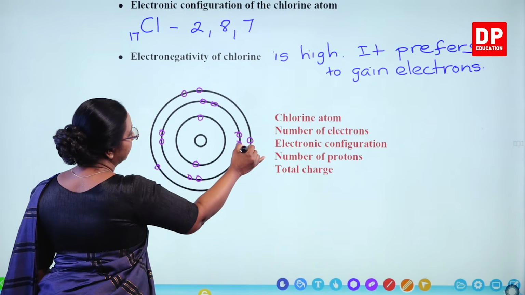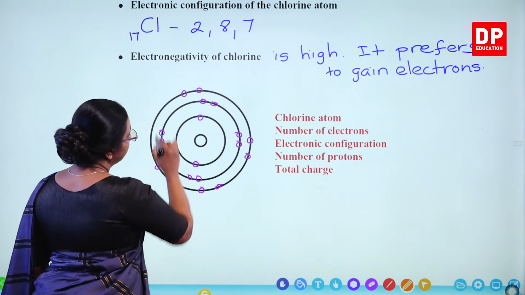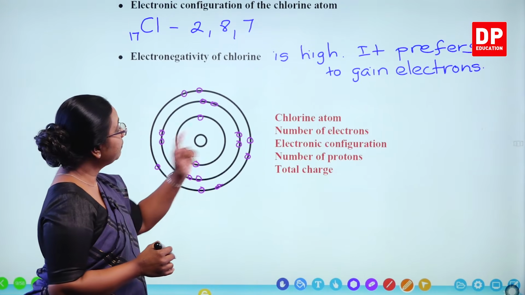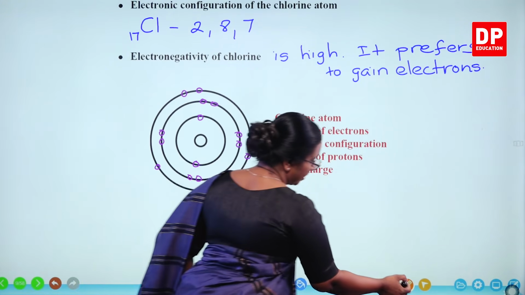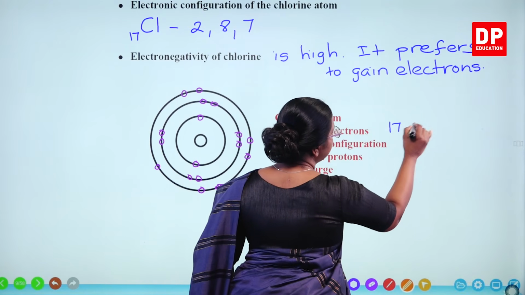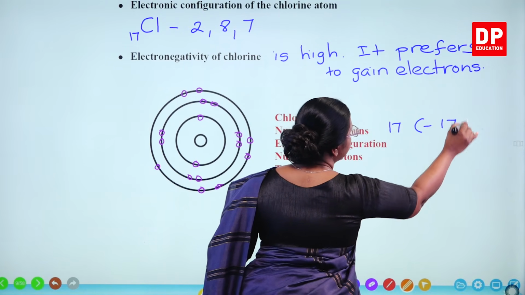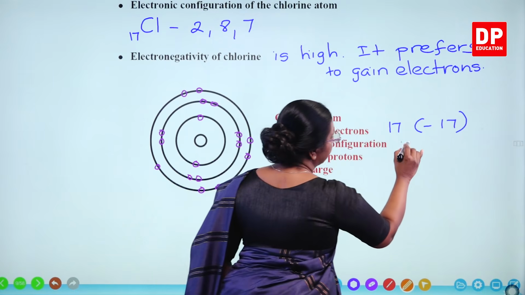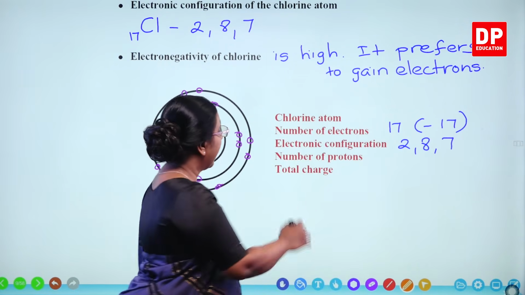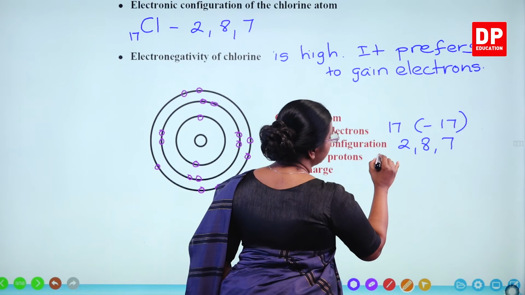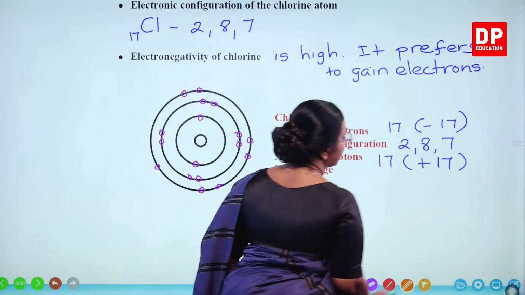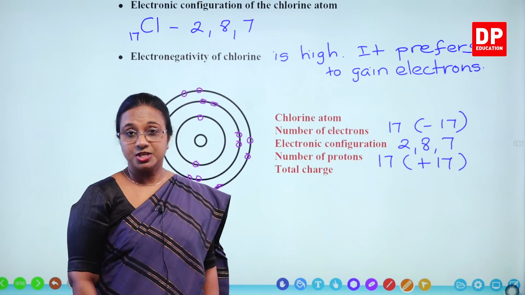So if we fill them up here, you can see there are 7 electrons. If we write the number of electrons and protons, you can see there are 17 electrons, so 17 negative charges. The electronic configuration again is 2-8-7. And the number of protons is also 17, so there are 17 positive charges.